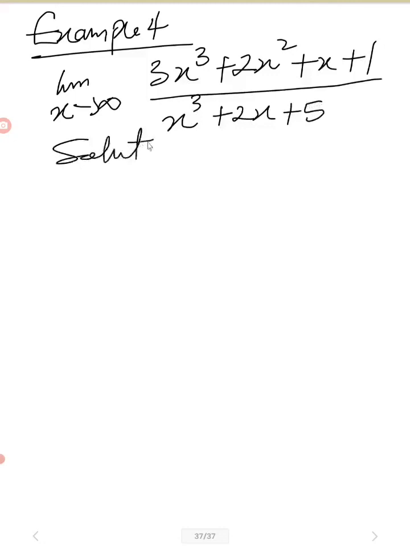Solution. We all know that the limit of 1 over x, when x tends to infinity, is equal to 0.